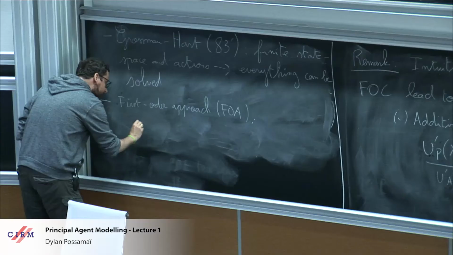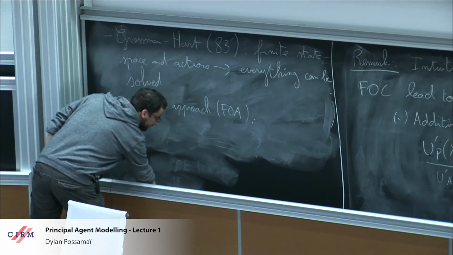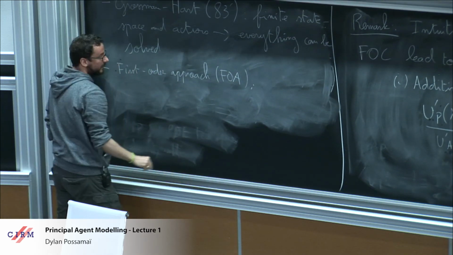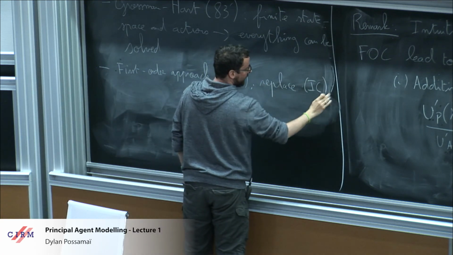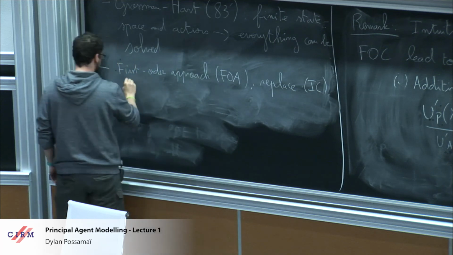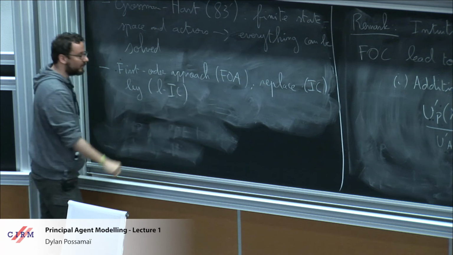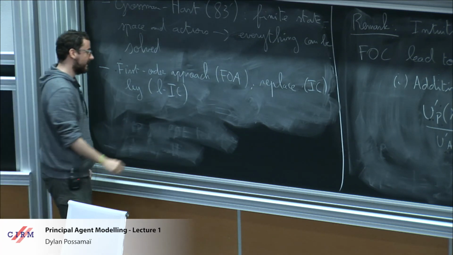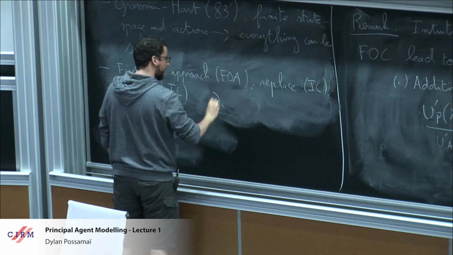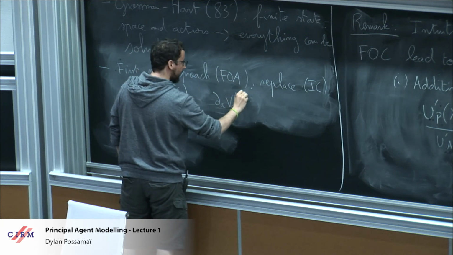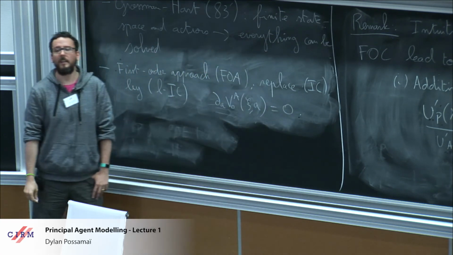So here the idea is to replace it by something that I will call LIC for local IC, which is just that the derivative with respect to A of this at A is 0.